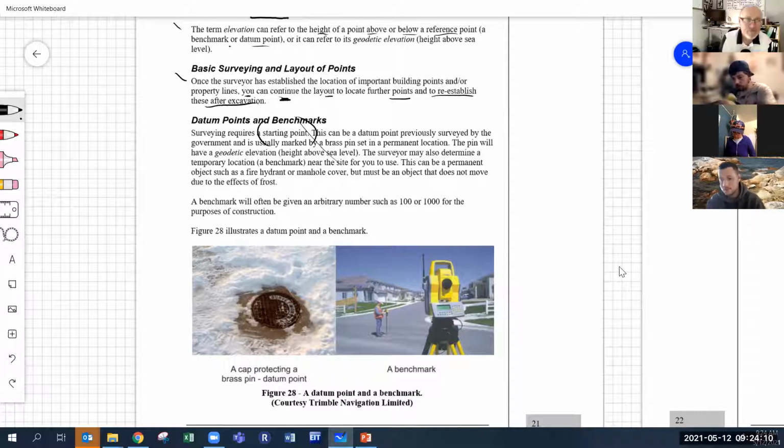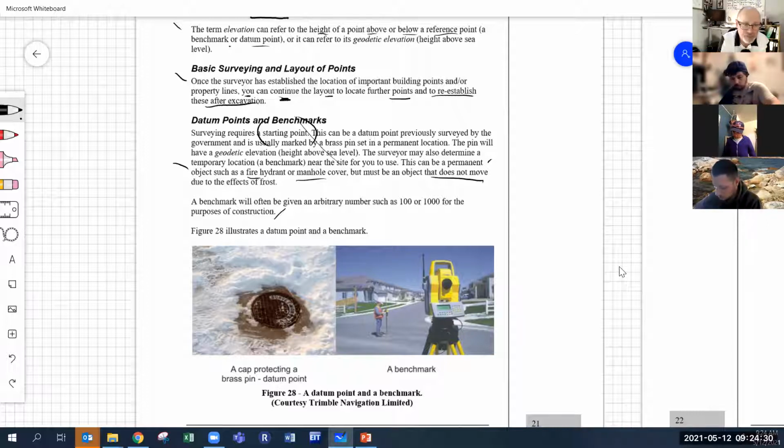Okay. So the surveyor will give you a temporary location of a benchmark for you to use near the site. Something permanent can be like a fire hydrant or a manhole cover, something that can't be moved, right? We don't want it to move.